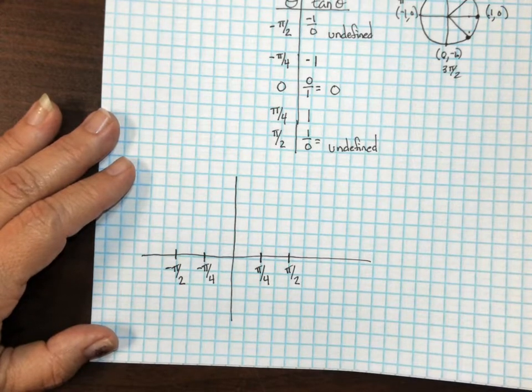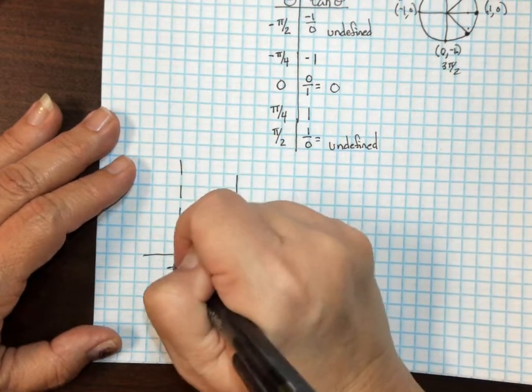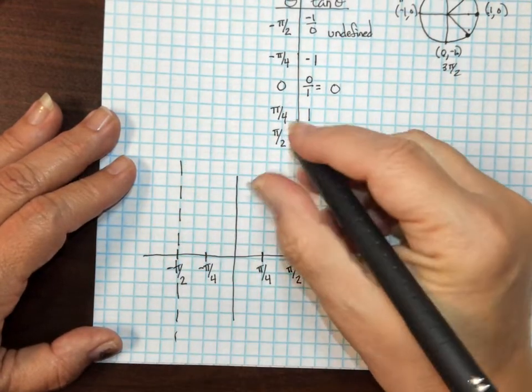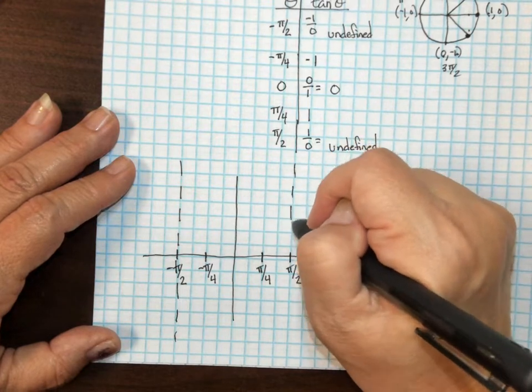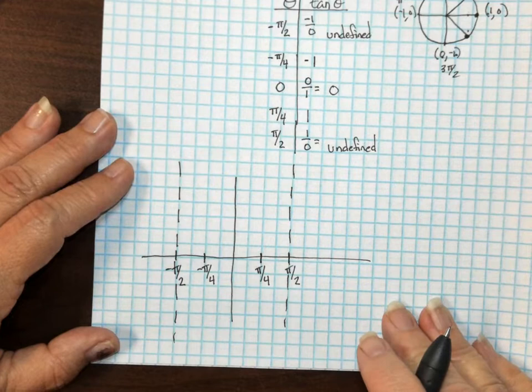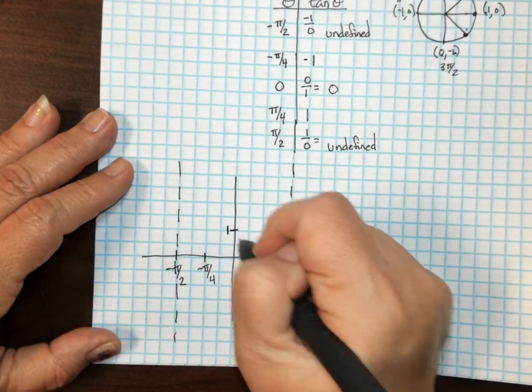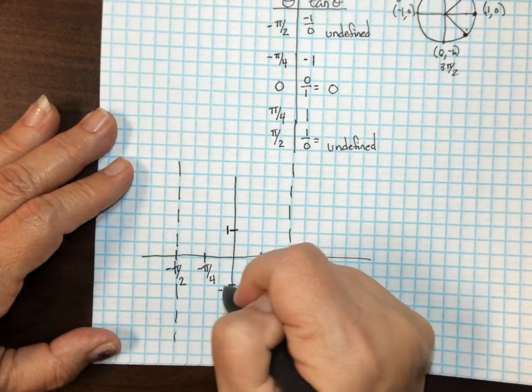An asymptote, right? Let me mark my y-axis, 1 and negative 1.